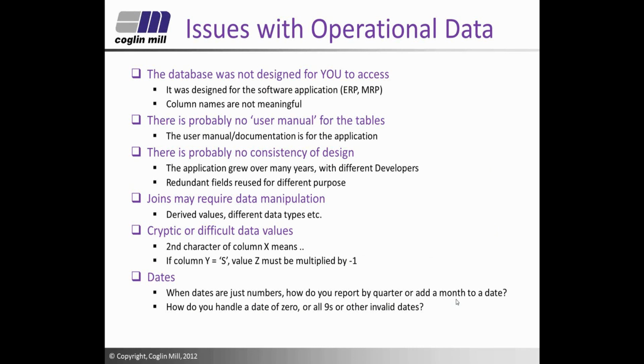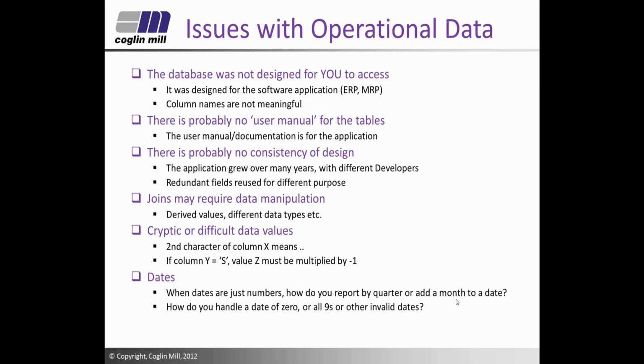Because of that, there are usually many more tables than you'd like to deal with. The data is stored in formats that are very easy for the application to understand, but often quite difficult for you to understand. And it's very likely, especially if this is a legacy application, and J.D. Edwards World is one good example of this, if these applications came from the late 90s, they're likely to have 6-character column names.